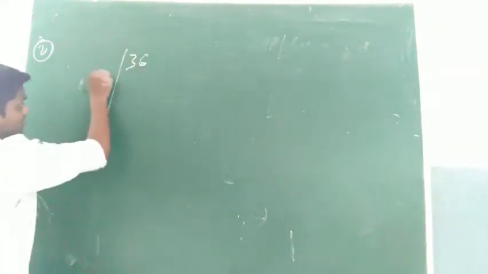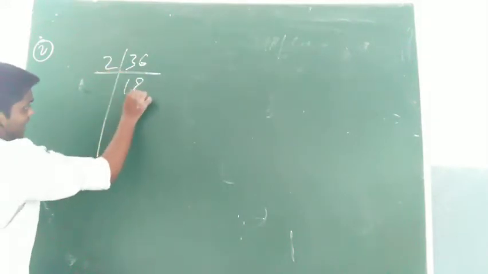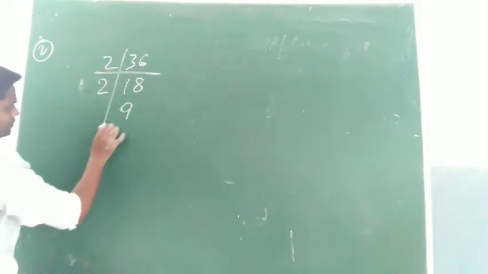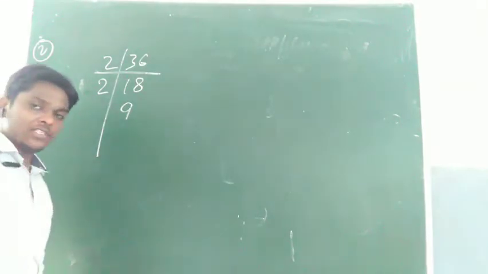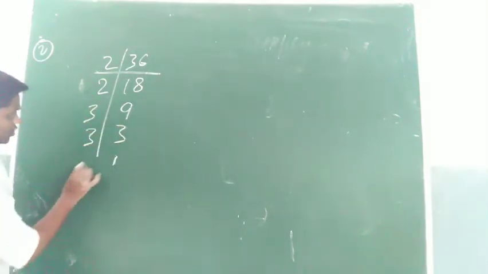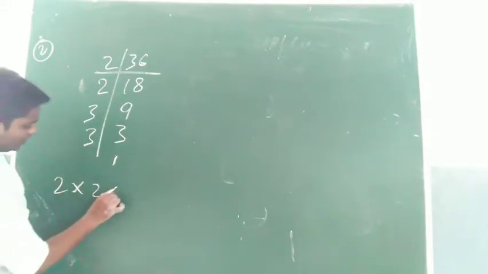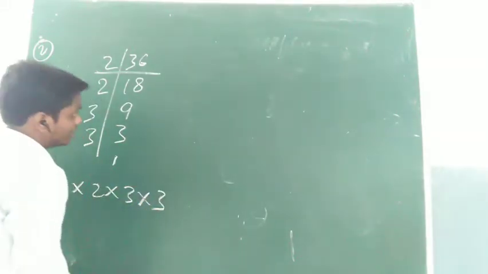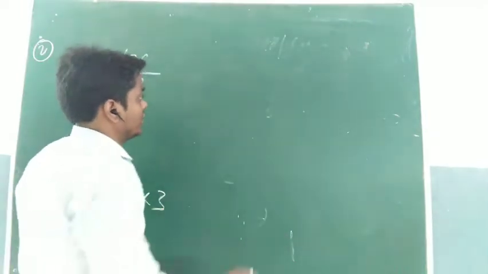So first of all, we will factorize 36: 36 to 18, again to 9. Now 9 is not divisible by 2, so we will take 3. 3 times 3 is 9, then 1. So it has the factors 2 into 2 into 3 into 3. The second number is 48.